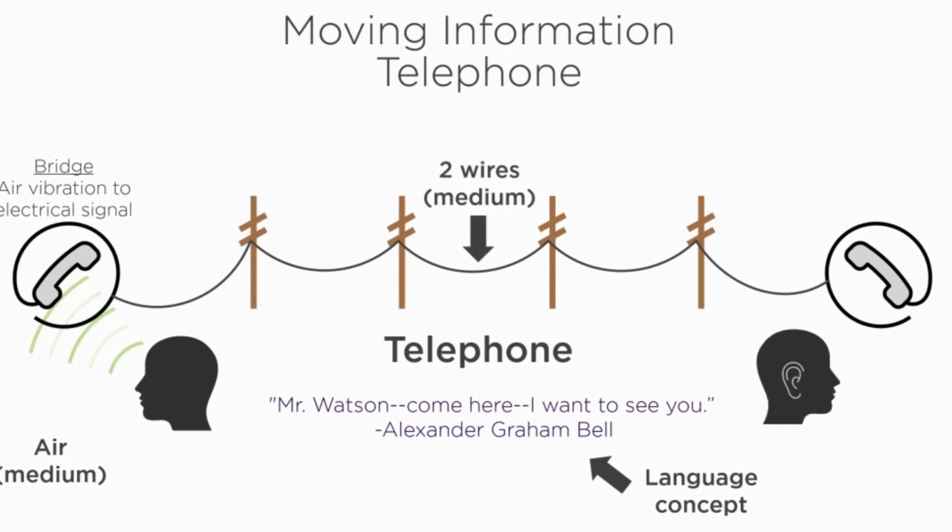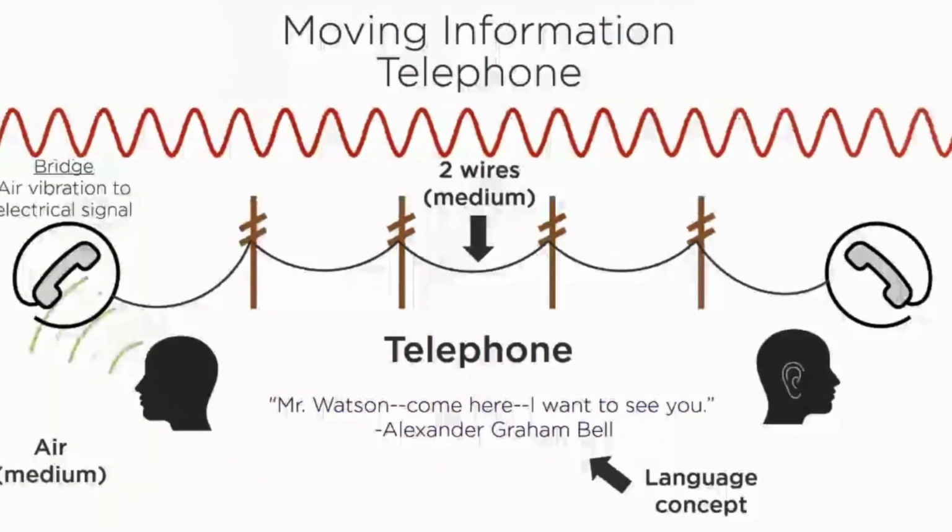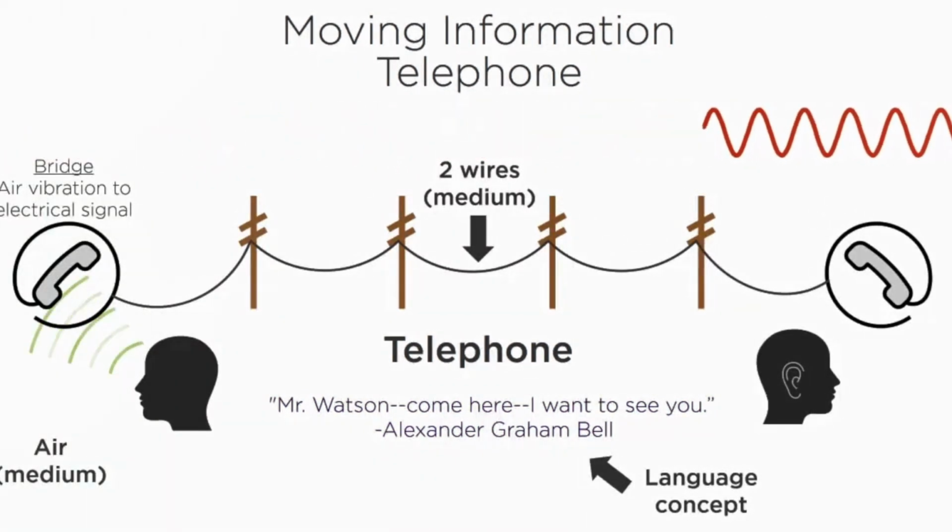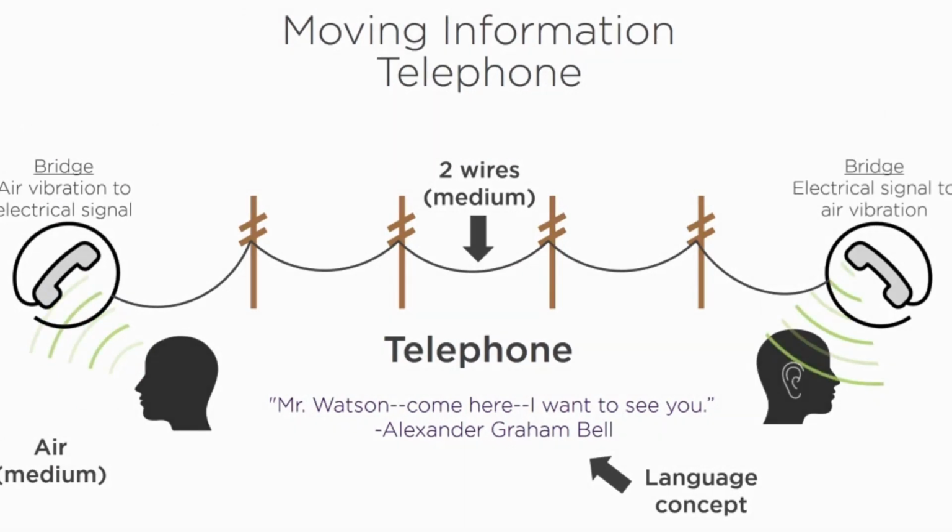That electrical signal is then sent over the same two wires that we used for our telegraph, which in turn makes the speaker of our telephone at the receiving end vibrate a little bit, which vibrates the air, which then allows Watson at the other end of the phone call to hear the message that Bell sent. Once again, we are converting from one mechanism of communication, vibrating air and our vocal cords, into a different communication pattern to put it over two wires, and then converting it back again.